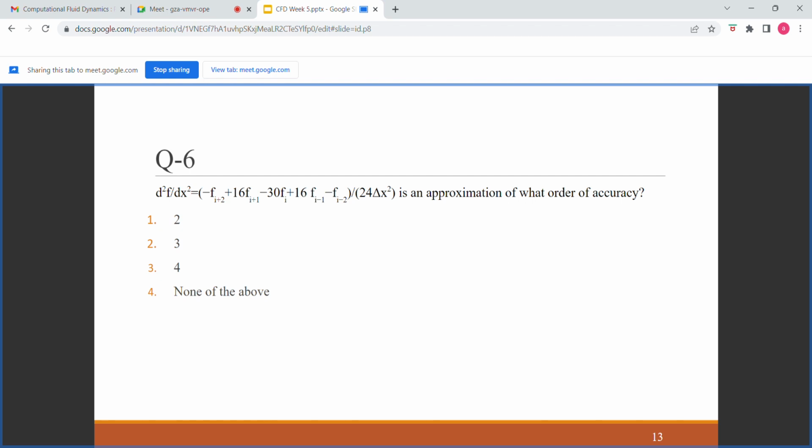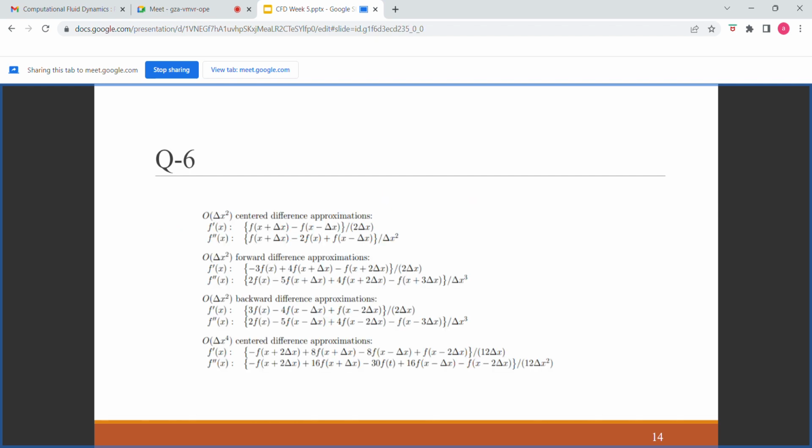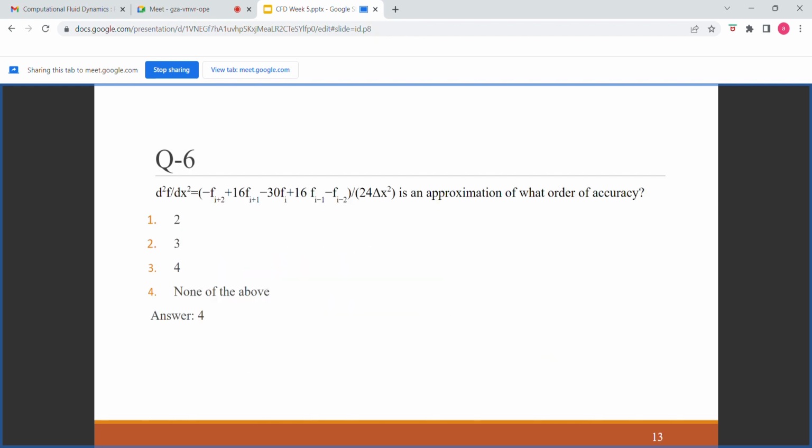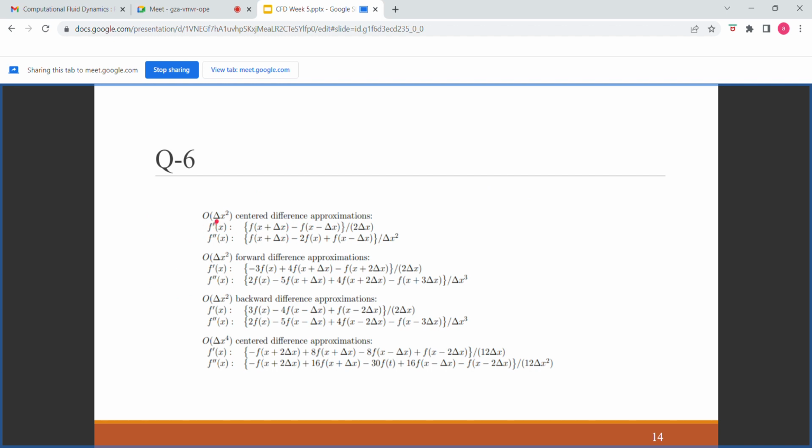So if we blindly go by this, n is equal to p plus q minus 1, and with 5 points minus 2, it would be 3 or 4. But we do not know, so we'll see what the equation should be. It is none of the above because we'll see various equations of different orders of accuracy, and it is a second order accurate central difference scheme.